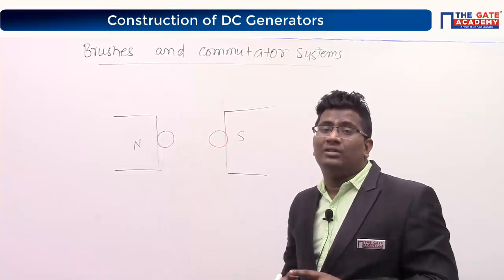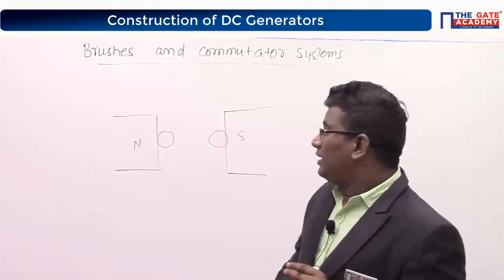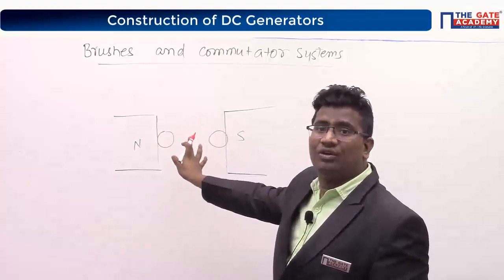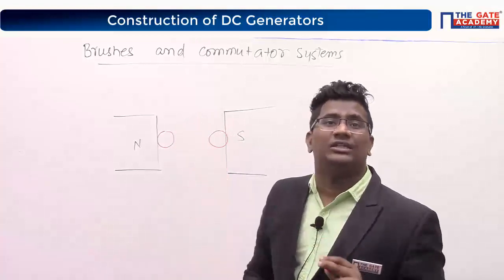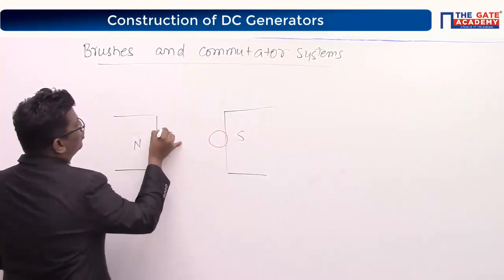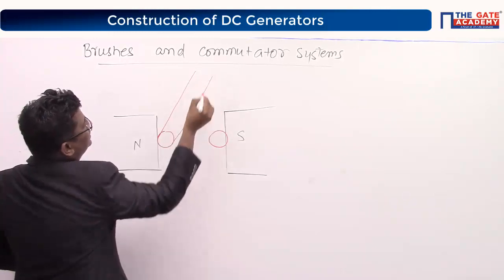Is it showing the whole conductor or only the circular cross section? Yes, sir, circular cross section. But I want to show you what is there inside. Can I say this is our conductor?